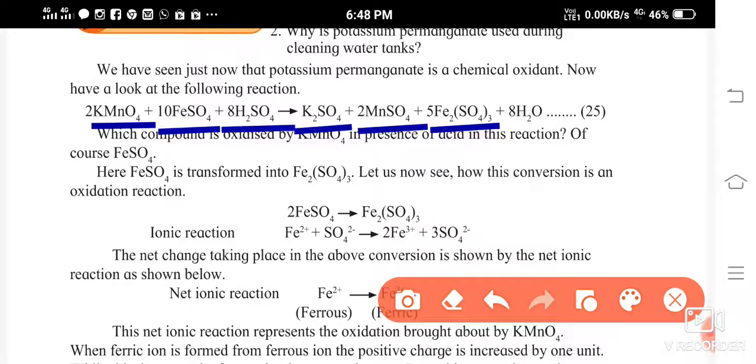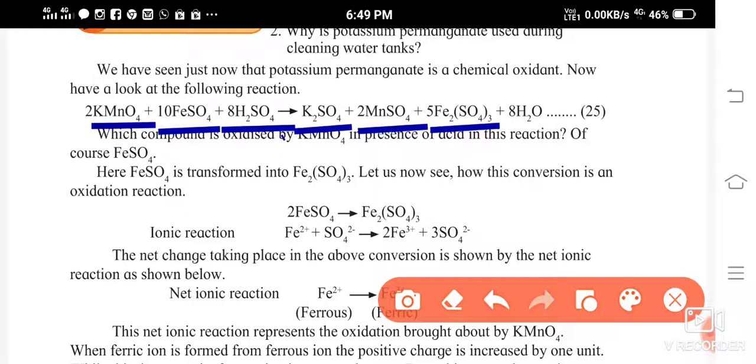Okay, that 3 is for the SO4 also, isn't it? So Fe2(SO4)3 plus 8H2O. So KMnO4, FeSO4, H2SO4, these are the reactants.